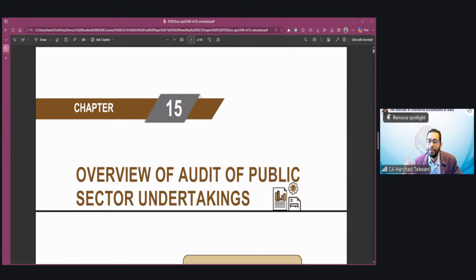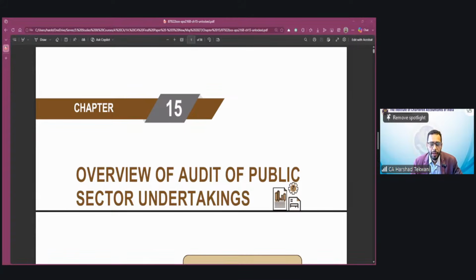We will understand various types of PSU audits with respect to compliance, performance, comprehensive, proprietary. And then we will see some audit reports which are issued in this scenario to understand how the report drafting happens. Okay, so this is how we are going to cover this particular chapter.